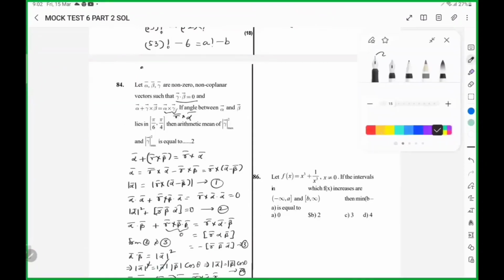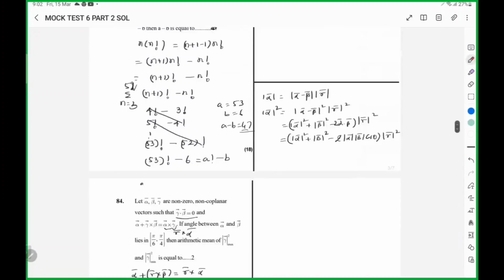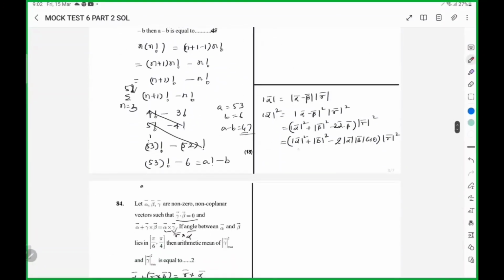So here what we have is alpha is beta cos theta. I'll write here beta square cos square theta plus 2 mod beta square cos theta of gamma square.